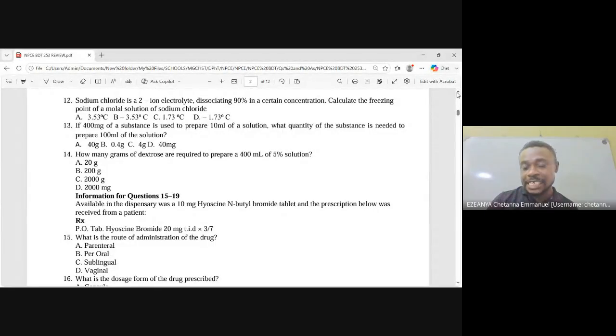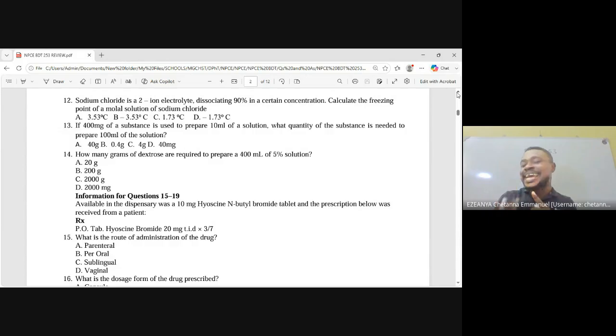And if you add something inside water, from knowledge of chemistry, the boiling point of the water will increase, and the freezing point will decrease. We call it freezing point depression.